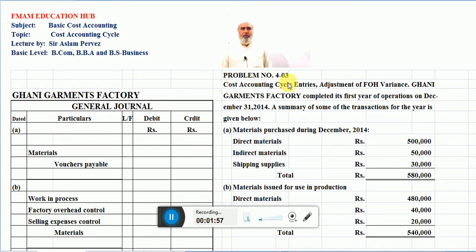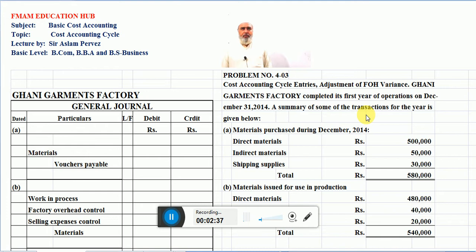Problem number 4.3, which is taken from the book of Professor Suhail Afzal, cost accounting cycle entries. Adjustment of factory overhead variance. Ghani Garments Factory completed its first year of operation on December 31st, 2014. A summary of some of the transactions for the year is given below.